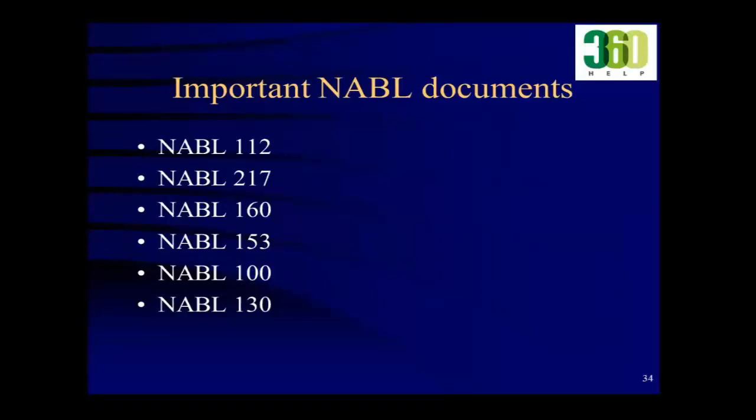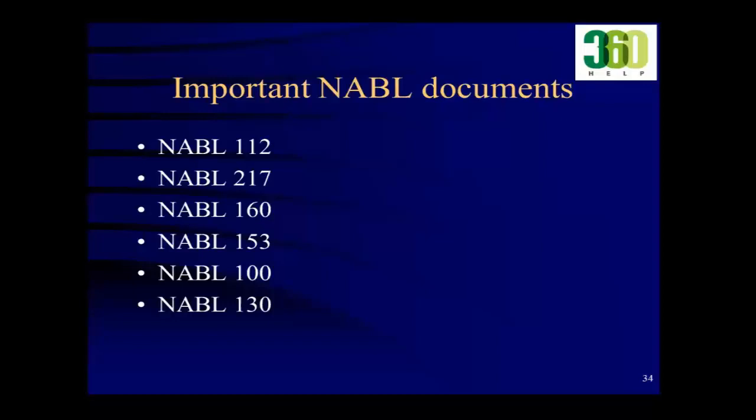So these are a few other documents which are important, which are NABL documents. 112, I told you, is a specific criteria. Then NABL 217 is the checklist: when you're auditing your lab, what checklist should you follow? 160 is how to write a quality manual. 153 is how to apply for NABL.